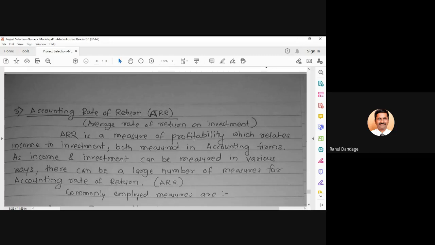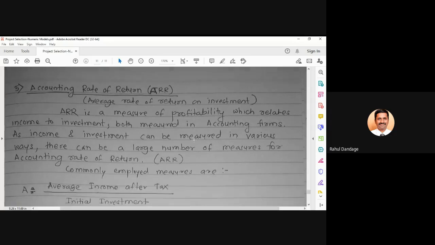Again, the abbreviation remains the same. The accounting rate of return, or average rate of return on investment, is a measure of profitability which relates income to the investment, both measured in accounting terms. As the income and investment can be measured in various ways, there can be a large number of measures for the accounting rate of return.